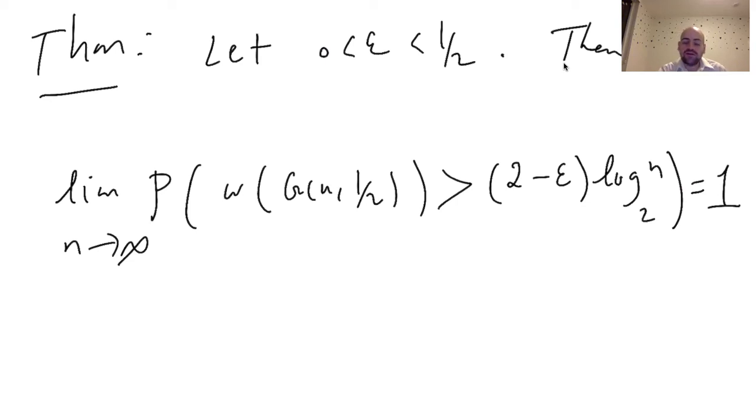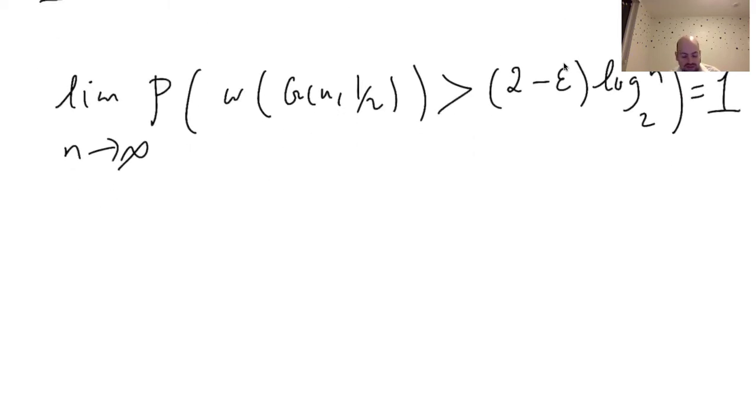Well, for example, one function satisfying these conditions, I'm not claiming that the clique number is this function, but just to give you an idea, if you are wondering how come the clique number is less than 2 log n, but bigger than 2 minus epsilon log n for any positive epsilon.